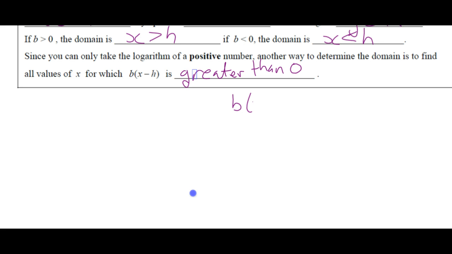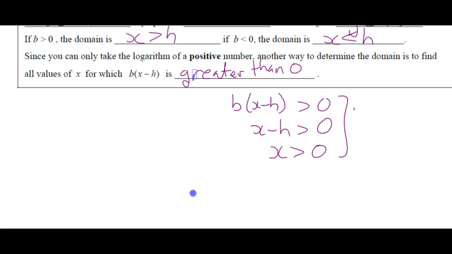So you could say b times x minus h must be greater than 0. So x minus h must be greater than 0, right? You divide both sides by b. And x is greater than h, okay? That's if b is positive, right?